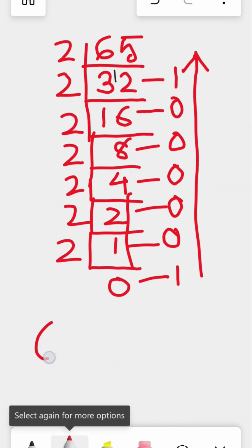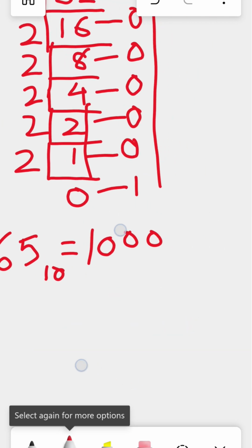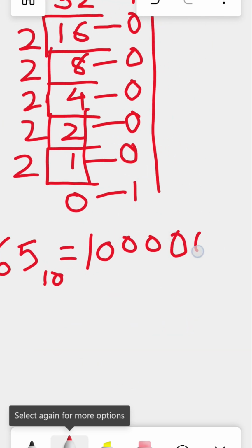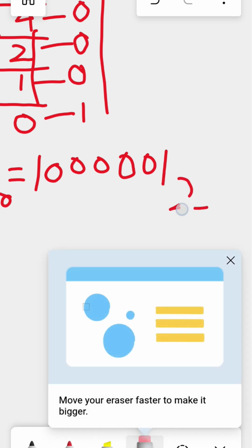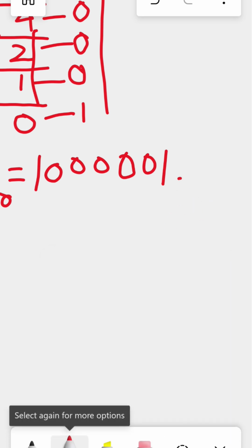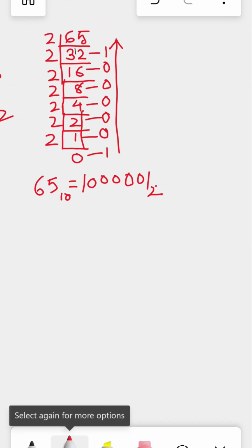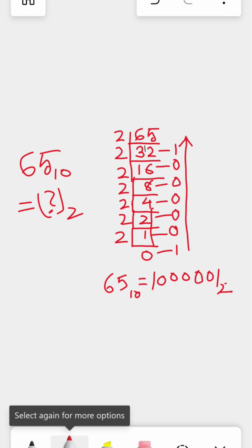At first we will write 65 and we will write the base as 10 equals 1, then five 0s, so 1 2 3, then 4 5, again 1, and base will be 2. So this way we can convert this number into binary.